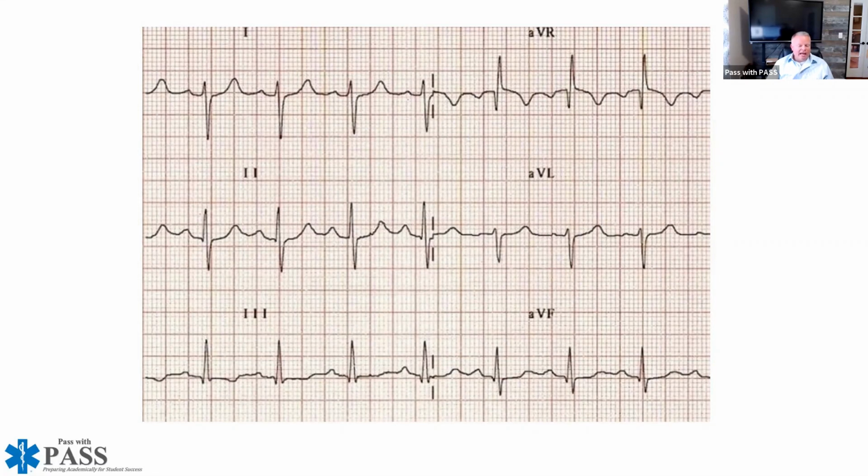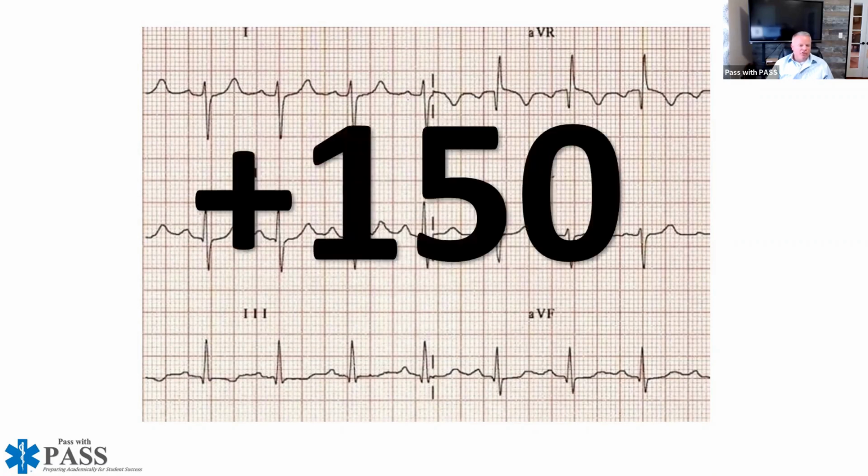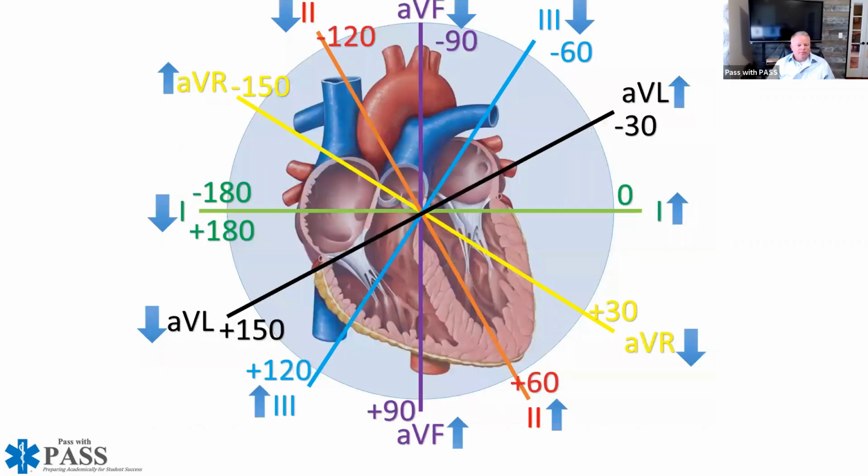So now I have to find on my chart a negative AVL, and the answer ends up being a positive 150 degrees. My blue negative next to AVL gives me 150 degrees. So just by simply looking at this, I can tell that this is a right axis deviation.